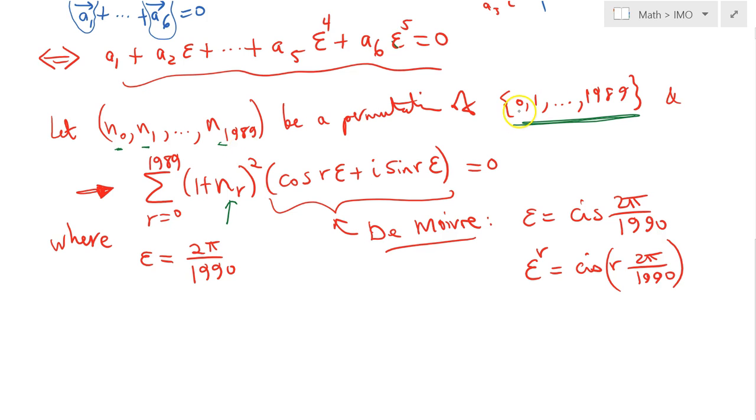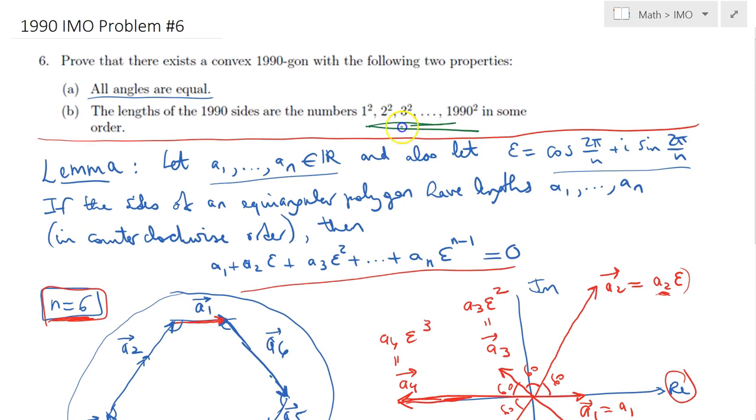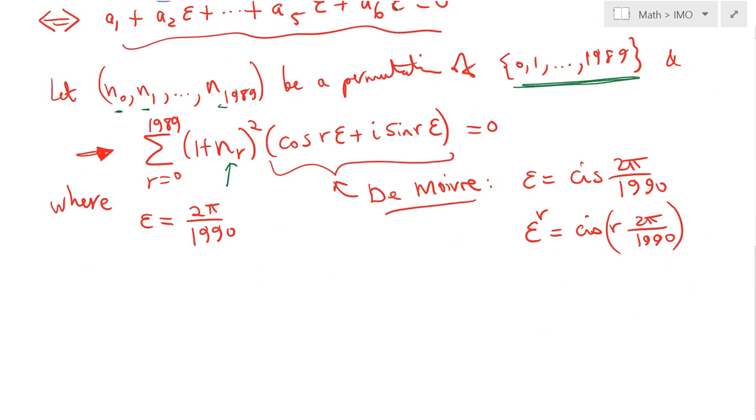And when you plug in 0, 1, 2, 3, and so on, you'll get, for instance, 1 plus 0, which is 1 squared, and then when you plug in 1, you will get 1 plus 1, 2 squared, 3 squared, and so on, which will basically give us the second part, right? So the second property of our convex polygon.